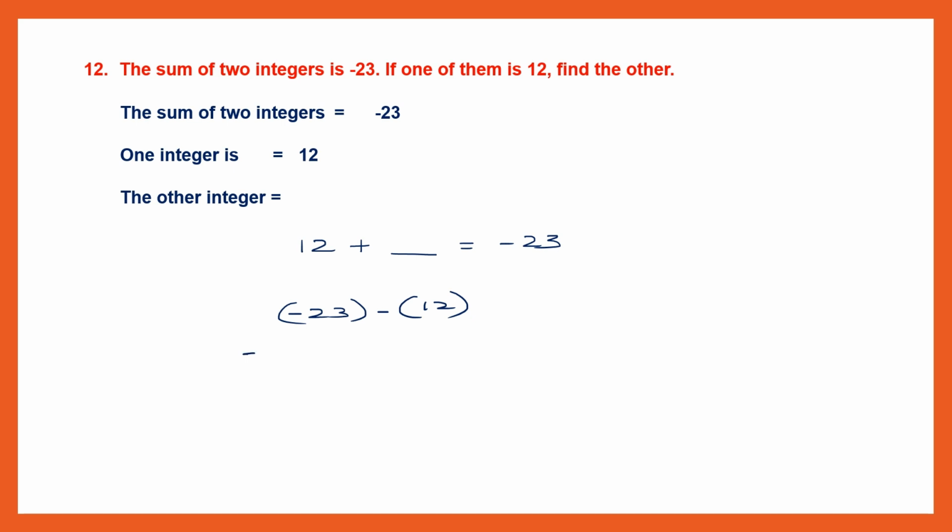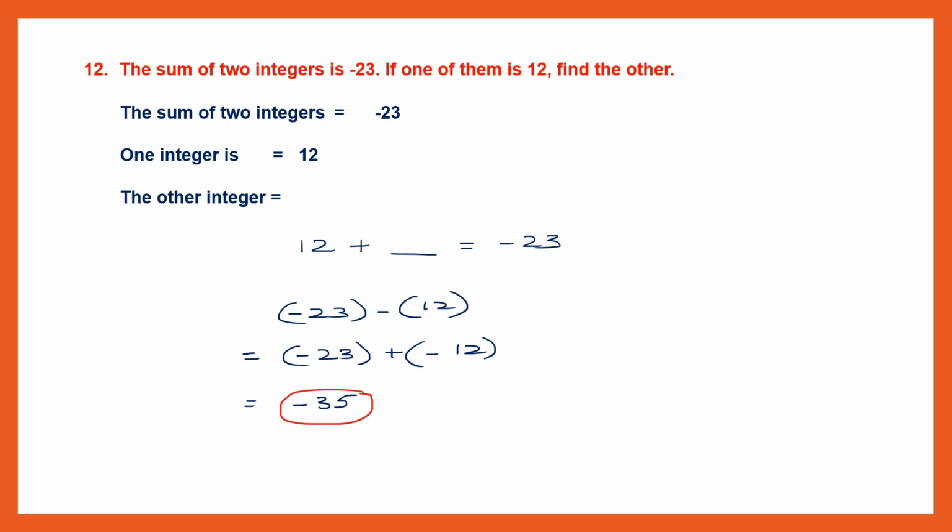So this is a subtraction sum. The first integer remains as it is, negative 23. Subtraction changes to addition. We write the additive inverse of 12, which is negative 12. Now this is an addition sum. Signs are the same. We put the same sign and we add: 23 plus 12 is 35. So our answer here is negative 35.